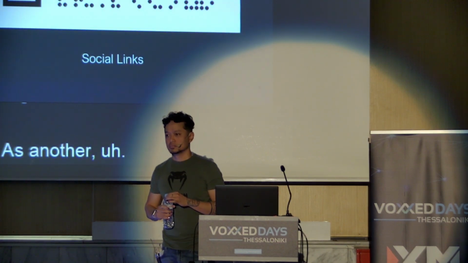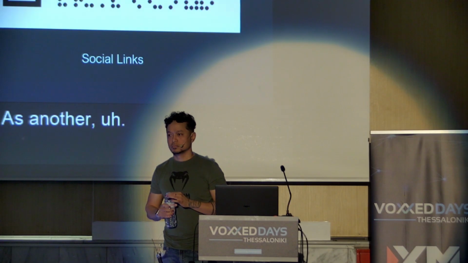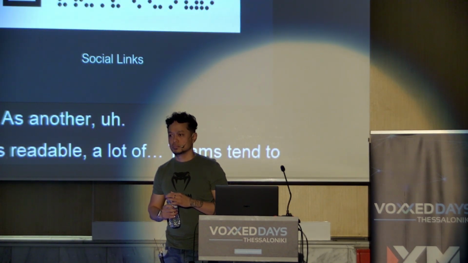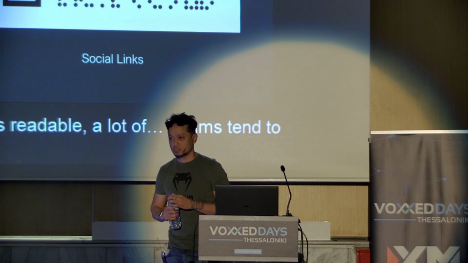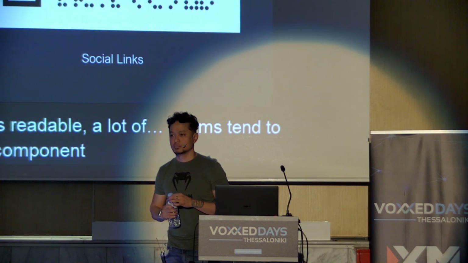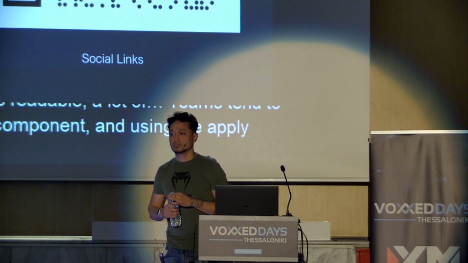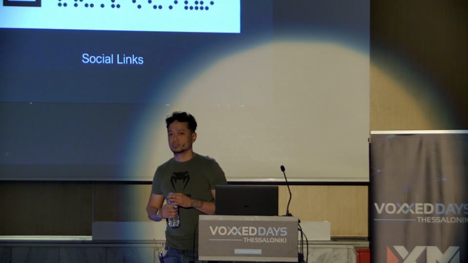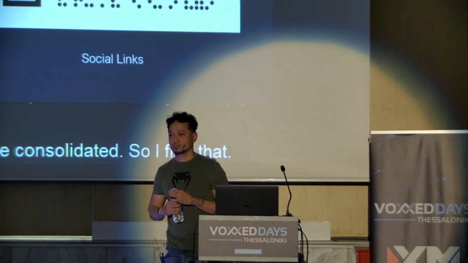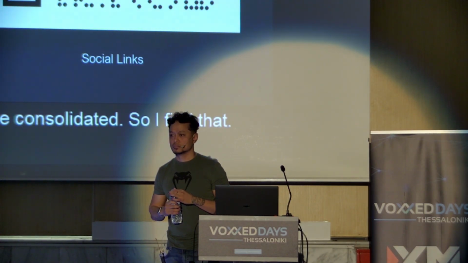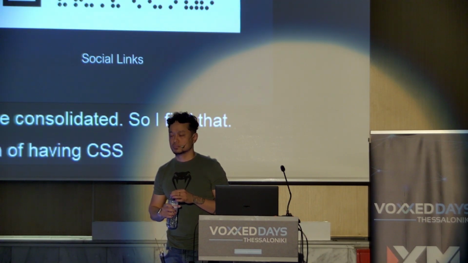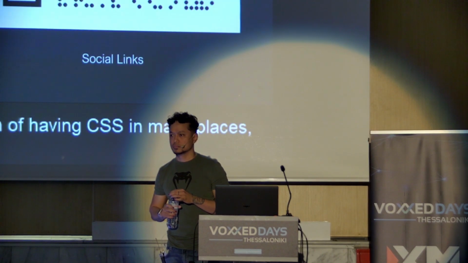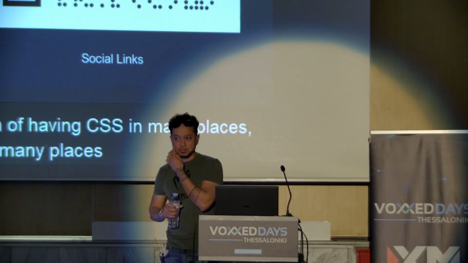A lot of teams tend to extract a lot of that into a separate CSS file for that component, and use the apply directive to essentially create classes in a different file, just more consolidated. So I find that personally, it's this cycle of trying to solve a problem of having CSS in many places and then extracting that CSS to make it readable to many places again.